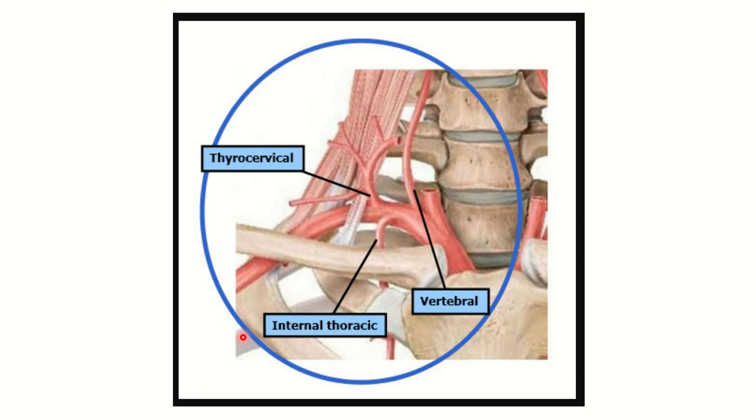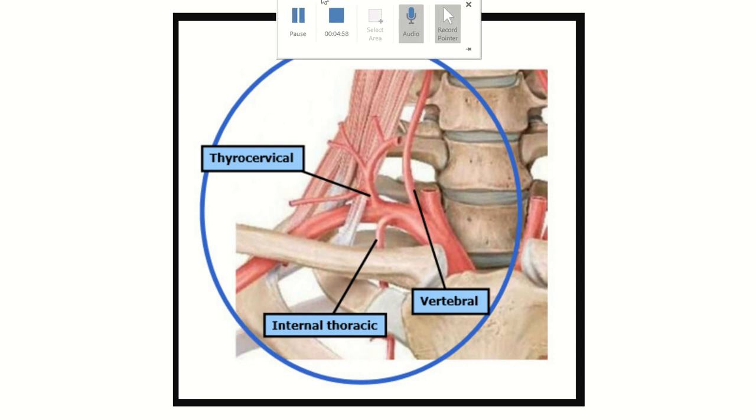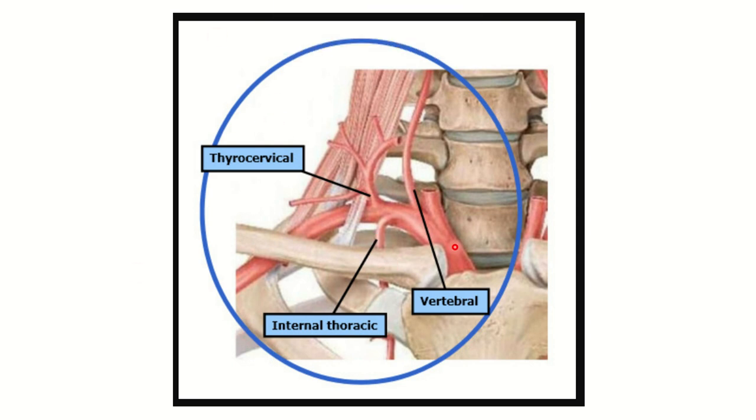Now this picture is another important picture for any type of exam. Here we can see the subclavian artery. Other structures such as the subclavian vein are removed from the front, and here we can see the subclavian artery giving different vessels. First we can see the vertebral artery, then the internal thoracic artery and the thyrocervical trunk.